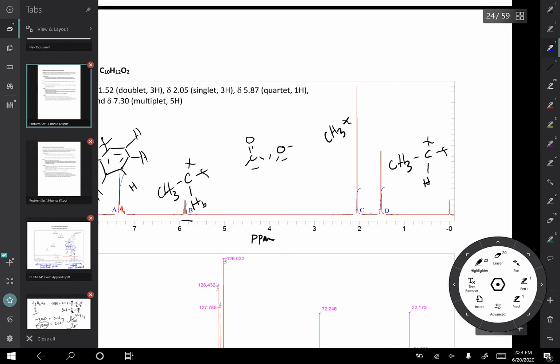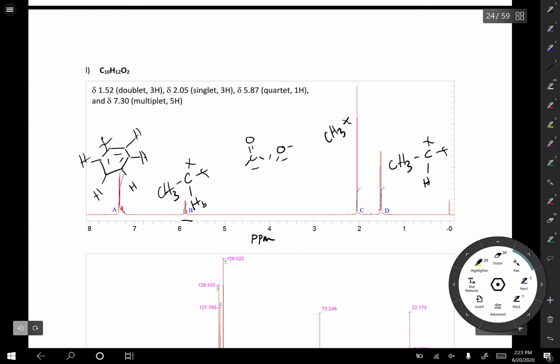You're going to do your best, and then you can check your work because all of the spectra should really line up. Because this signal at C is at around 2, we are going to put this carbonyl right here. So this gets rid of this carbonyl as something we need to have it bound to.